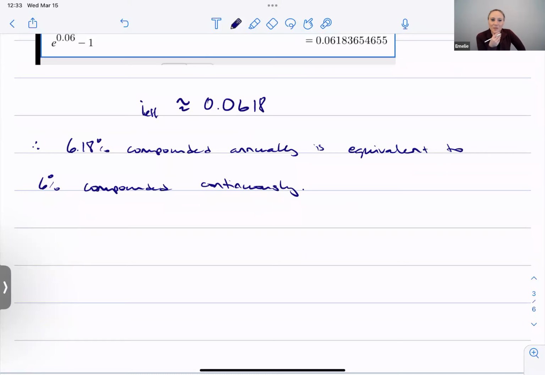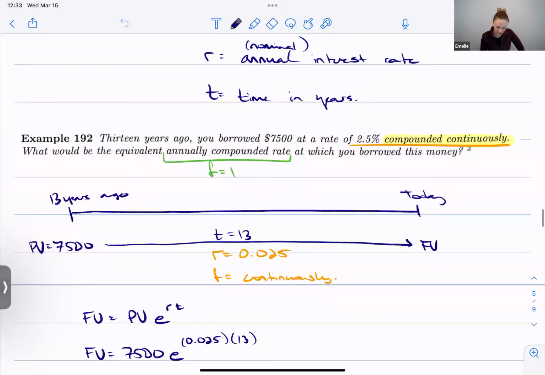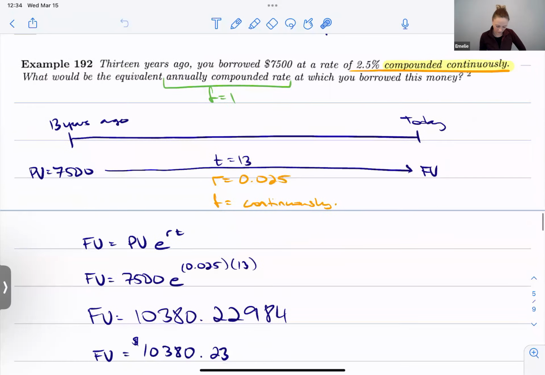This is the same problem that we solved earlier, right? And this was last week, so it's been a while. But on March 8th, we said, okay, 2.5% compounded continuously. So your R is 0.025. So then what can we do?